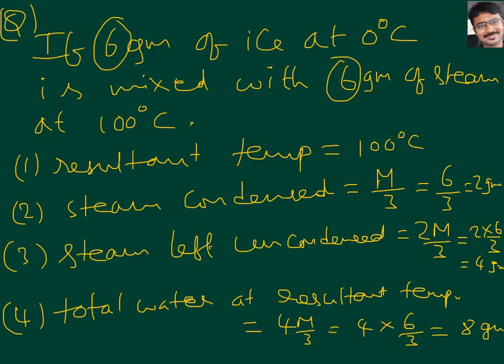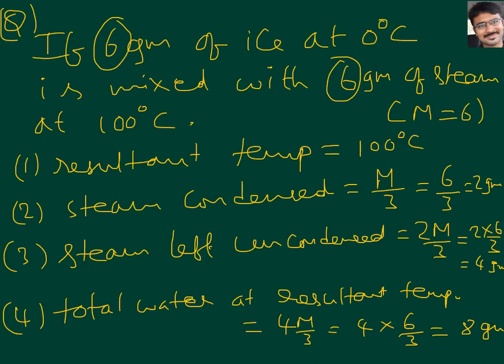So out of 6 grams of ice and 6 grams of steam mixed, the total is 8 grams of water. And 4 grams is the steam left uncondensed. In that, the steam condensed is nothing but water only, that is 2 grams. The resultant temperature is 100 degrees centigrade. Here m is equal to 6.